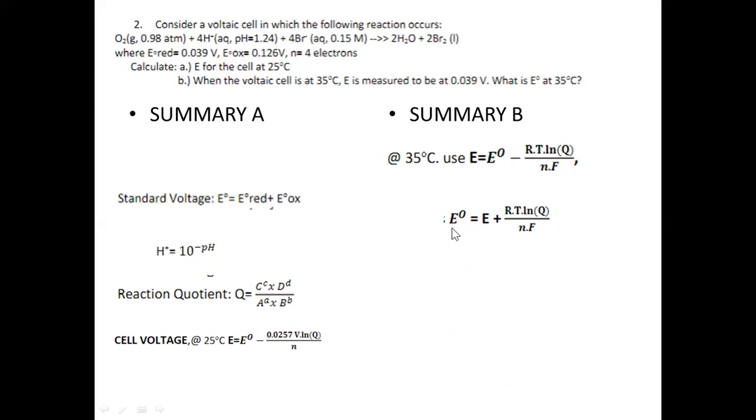So our standard voltage now is equal to the cell voltage plus RT natural logarithm of Q all over N times F. Please do not be confused with cell voltage and standard voltage. E stands for cell voltage. E naught stands for standard voltage.